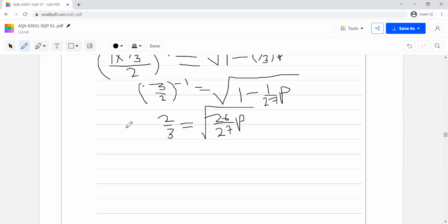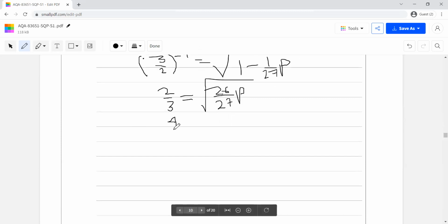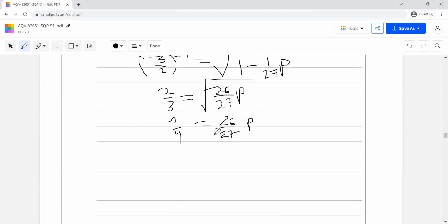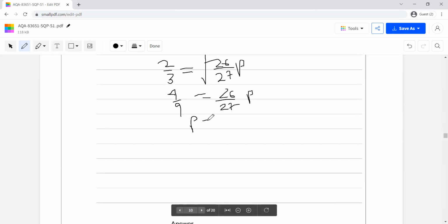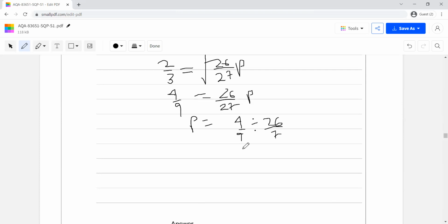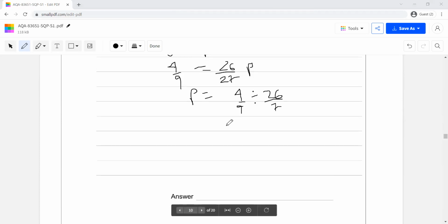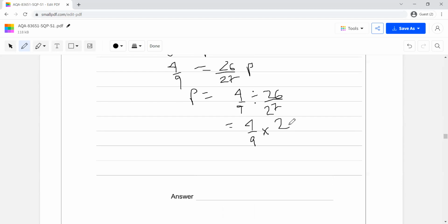So if I square both sides, I get 4/9 is equal to 26 over 27 p. So p is equal to 4/9 divided by 26 over 27, which is equal to 4/9 times 27 over 26.